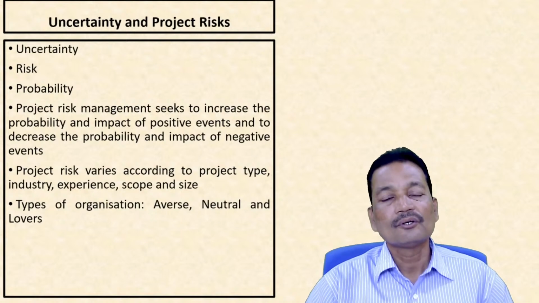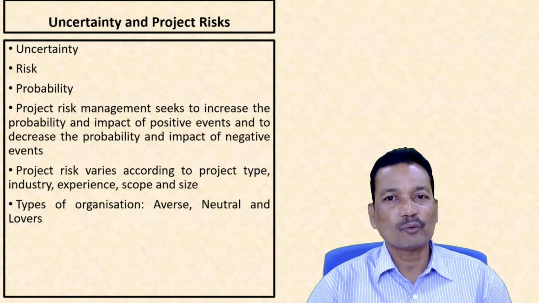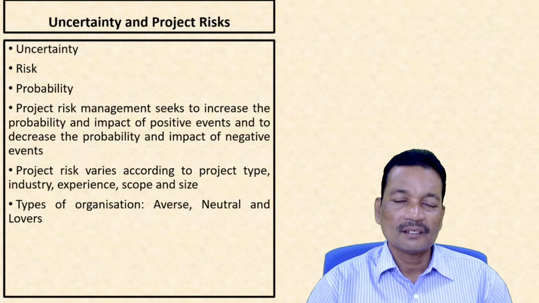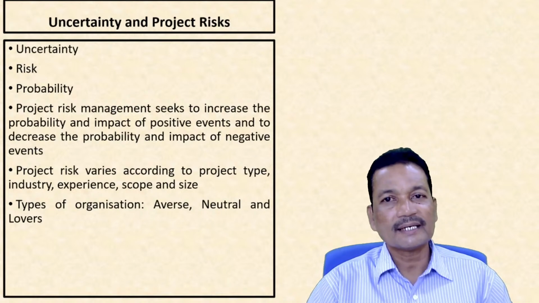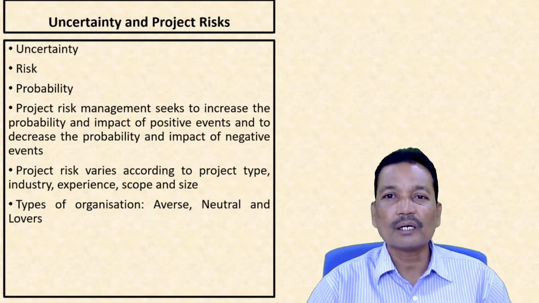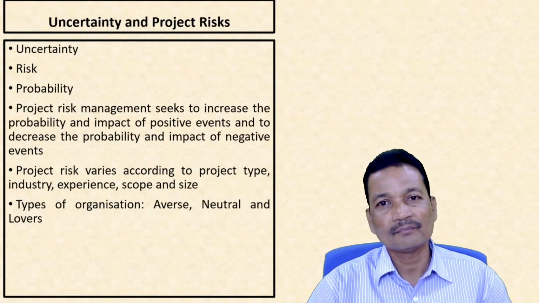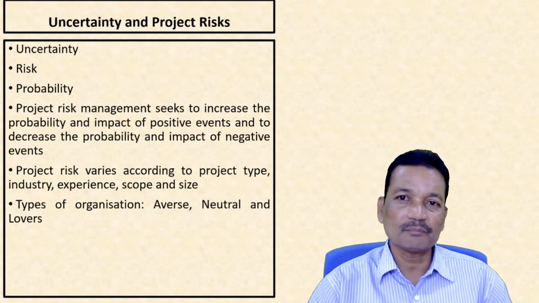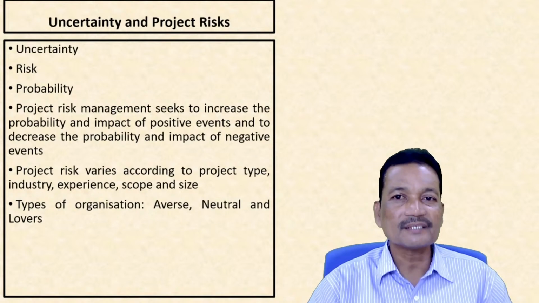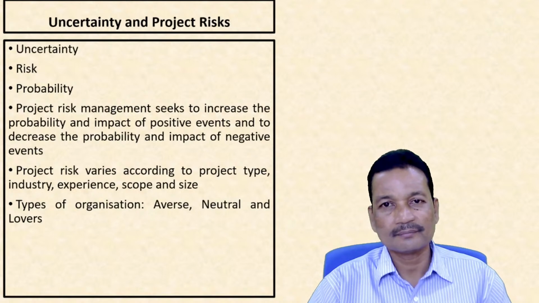Now, another word is probability. When we are talking of future activities, we do not know exactly what will happen in the future. We try to make some assumptions based on the various conditions.